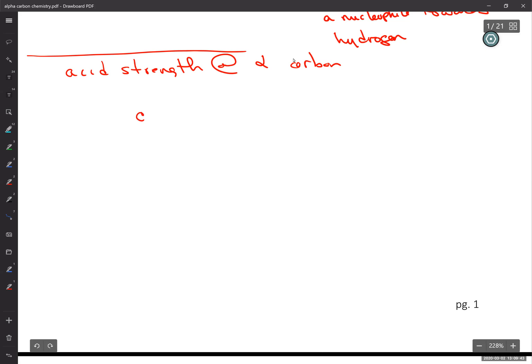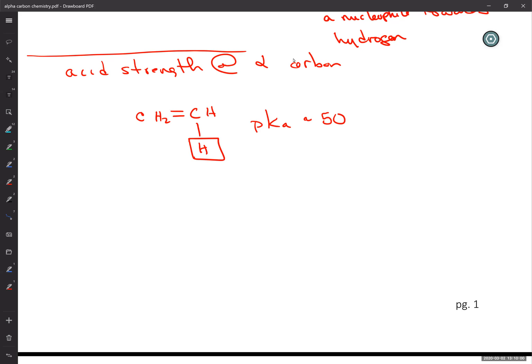If you take CH2 double bond CH, and we're looking at this particular hydrogen here, the pKa is about 50. For alkanes, it's closer to 60. It's pretty high because there is no good charge delocalization when you put the charge on that carbon. It's right on that sp2 hybridized carbon, so it can't participate with the double bond. It's not allylic.